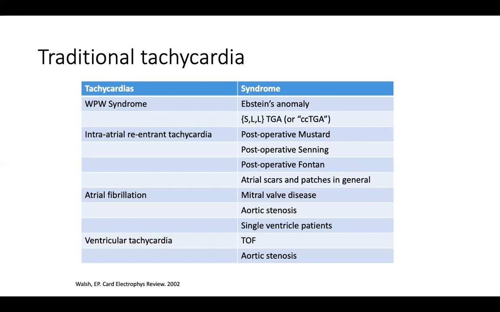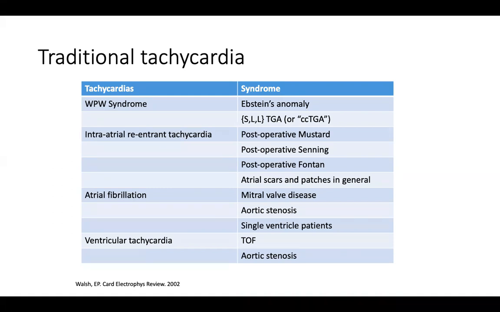So those same operations that I mentioned on the last slide, that same idea of atrial scar and patches in general affecting the bradycardia side of things, also predispose people to have intra-atrial reentrant tachycardias, which by and large people mean macro-reentrant circuits that use a previous scar or a previous patch as the central obstacle and then rotate in a macro-reentrant fashion around that patch and require intervention either with antiarrhythmics or with ablation or with a surgical maze procedure to eliminate the substrate in the atrium for macro-reentrant tachycardia.